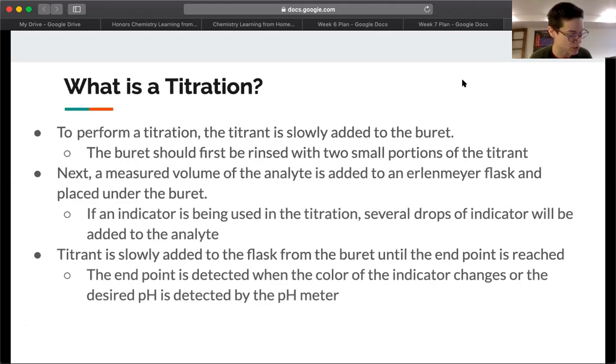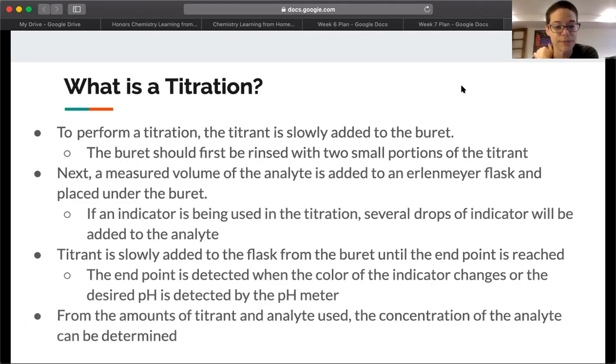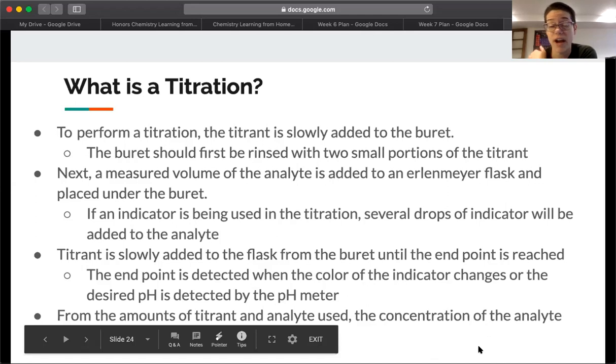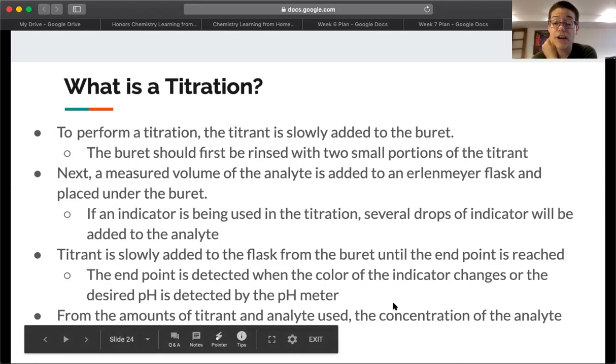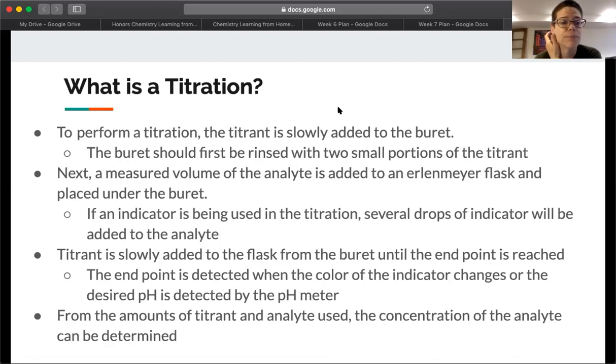But for the most part, we do these when they change color. And then you just do straight stoichiometry. So this would be volume and molarity and a mole ratio and a volume, and you're calculating a final molarity, is typically how that works out.